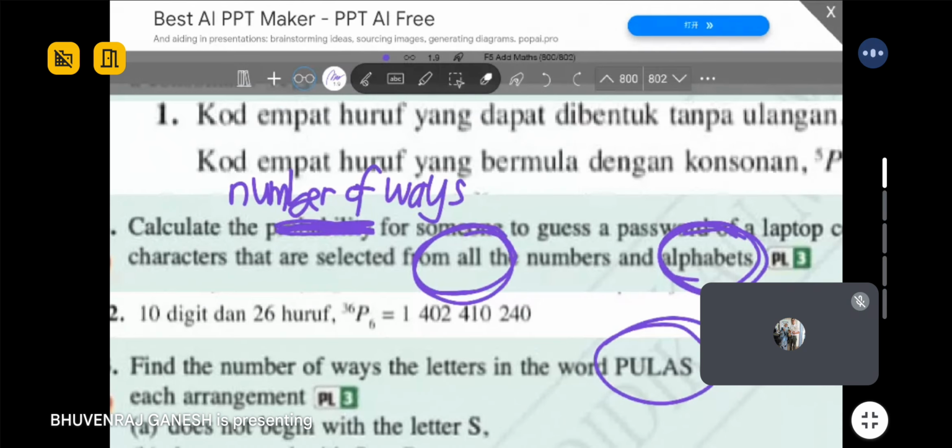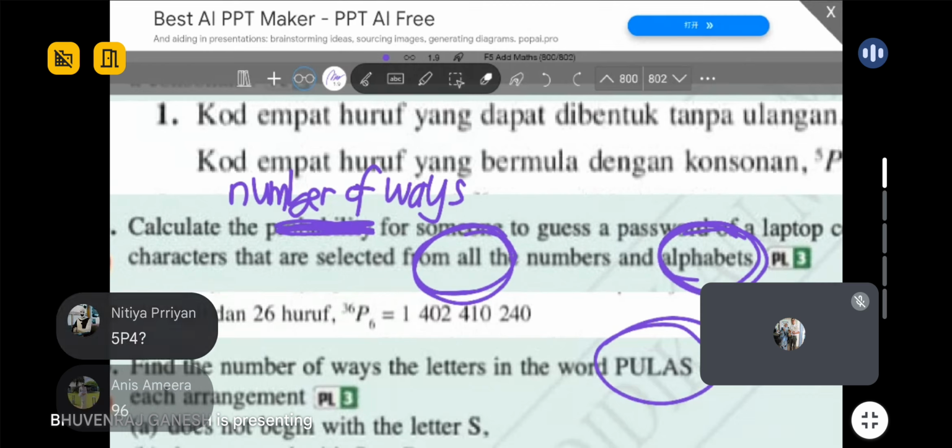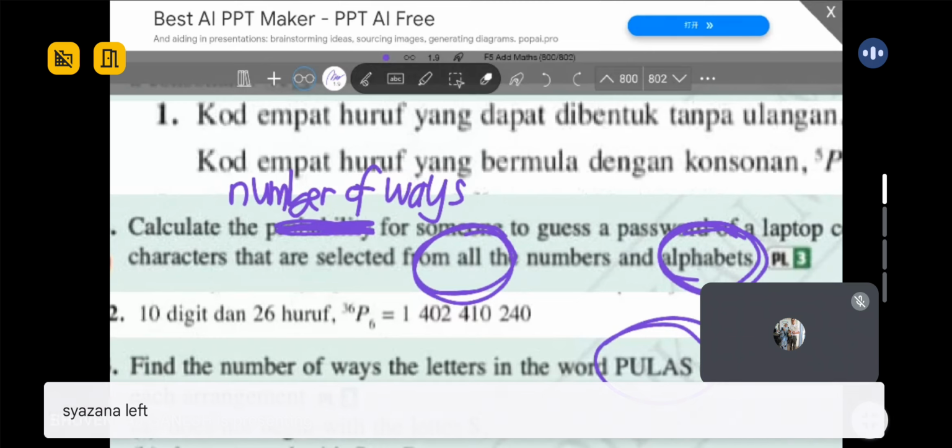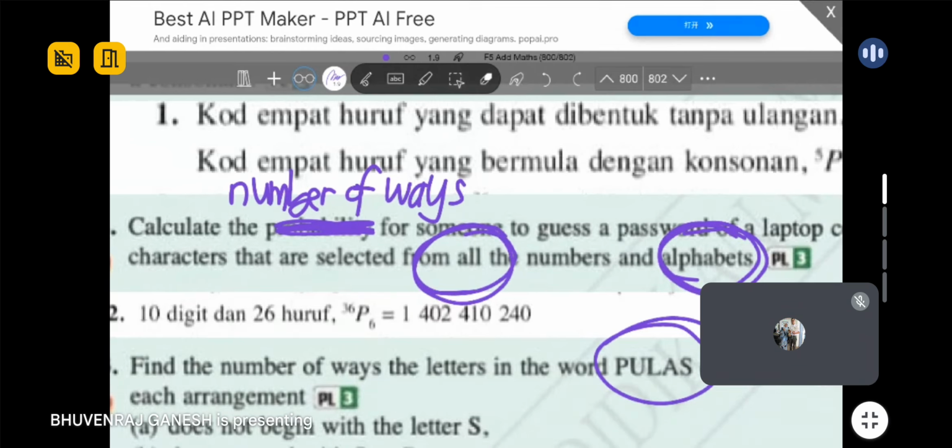You can tell. Berapa cara huruf dalam perkataan ni boleh disusun kalau dia tak boleh mula dengan huruf S? 5P4. Wow, so fast. 96. Let me check and see. 5P4 is 120. Okay, one of you say 120, 96.